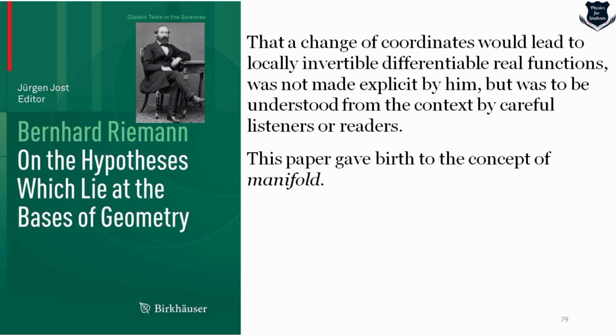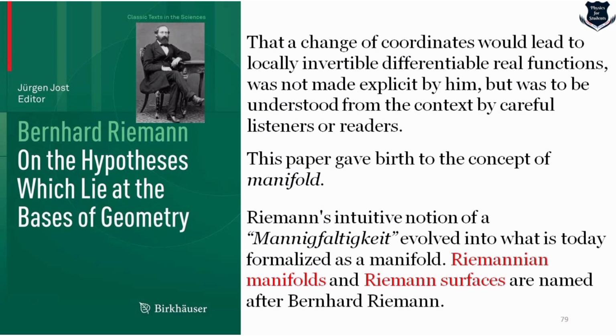This paper gave birth to the concept of manifold, and Riemann's intuitive notion of a manifold evolved into what is today called a Riemannian manifold, very important in general relativity, and Riemann surfaces are named after Bernhard Riemann. So that is a quick note on the historical aspect of how the term manifold was given birth by Bernhard Riemann.